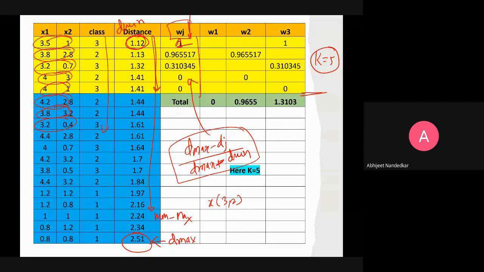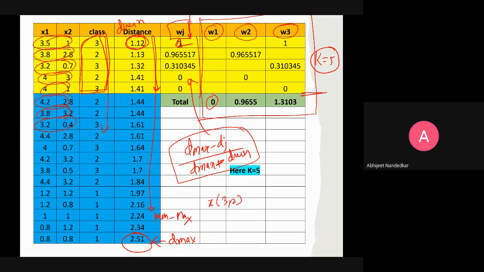Once I do that, I make another table for each class: omega 1, omega 2, and omega 3. Since I don't have any sample here which belongs to omega 1, I put 0 straight away.